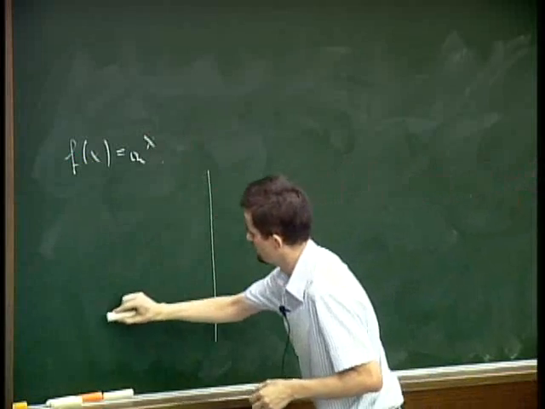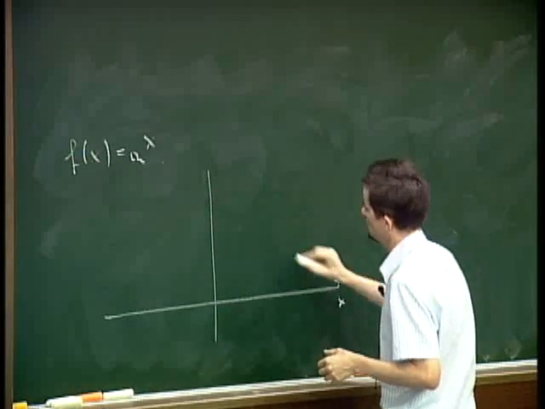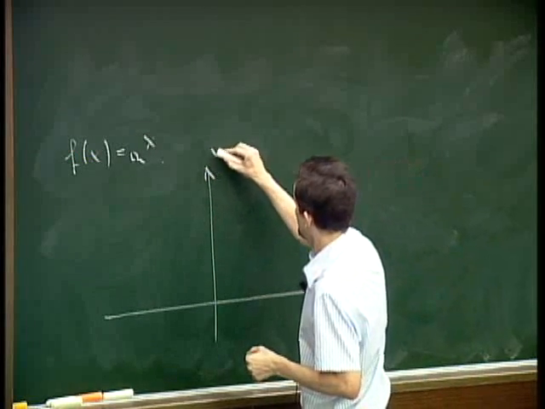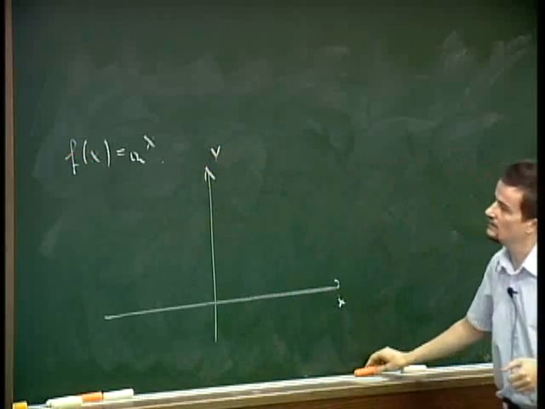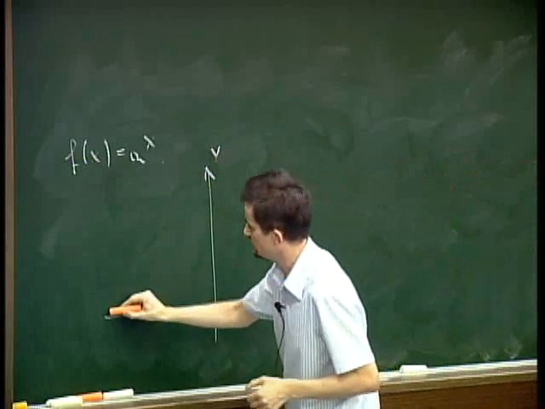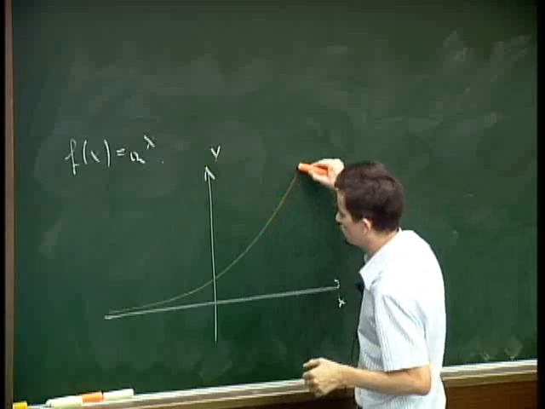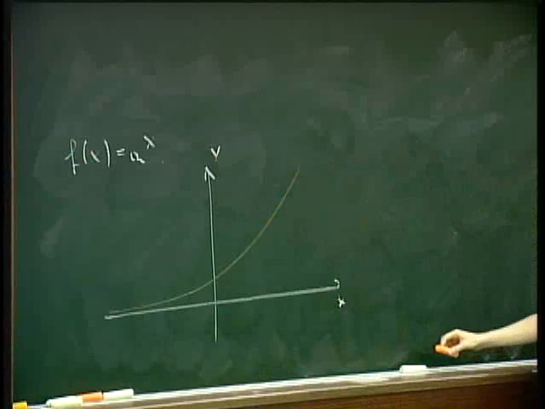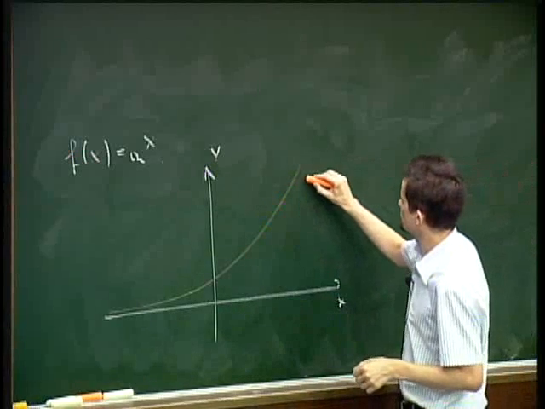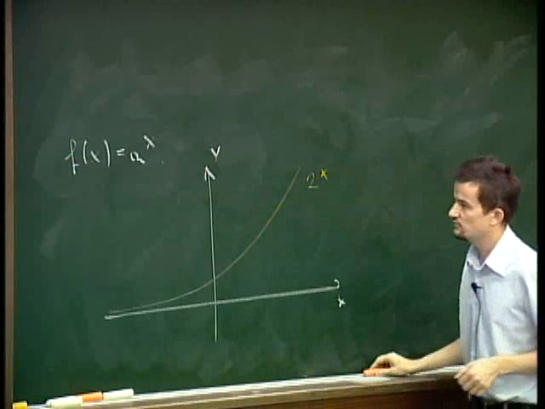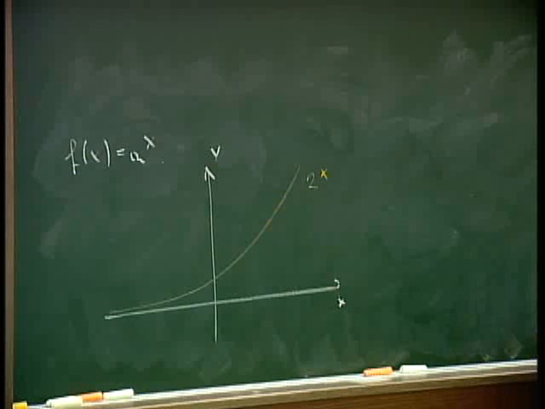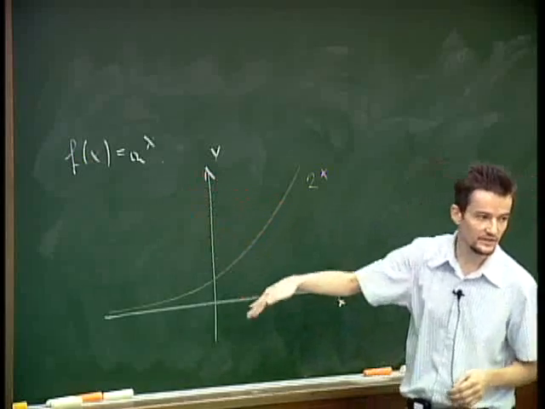In case where a is larger than 1, so for instance 2 to the x, the graph looks like this here. In case where a is between 0 and 1, you get a decreasing function, not an increasing function.